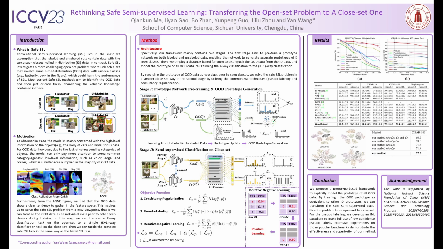By regarding the prototype of OOD data as a new class peer to the seen classes, we solve the safe SSL problem in a simpler closed-set way in the second stage by utilizing the common SSL techniques, pseudo-labeling and consistency regularization.